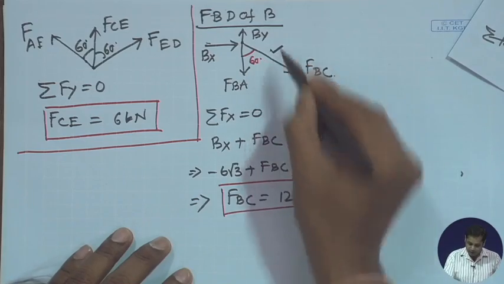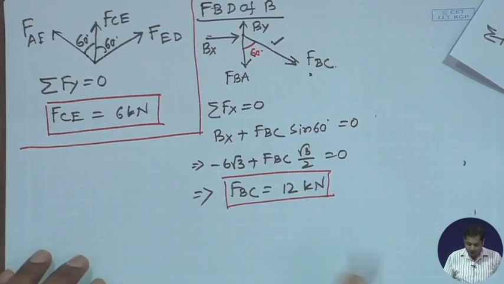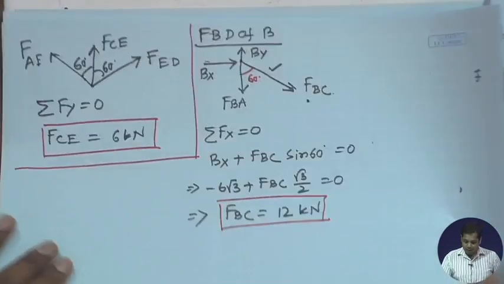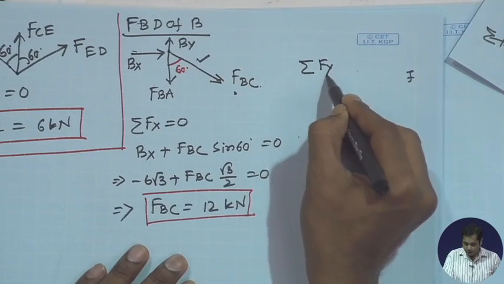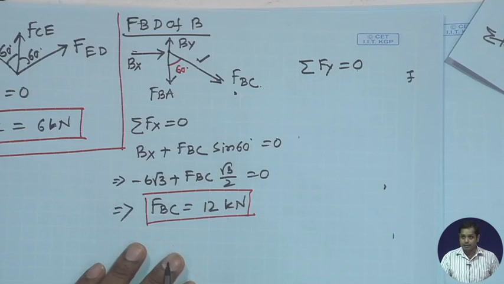It is determined. Let's calculate FAB. FAB we can calculate by applying summation of Fy is equal to 0. Right?